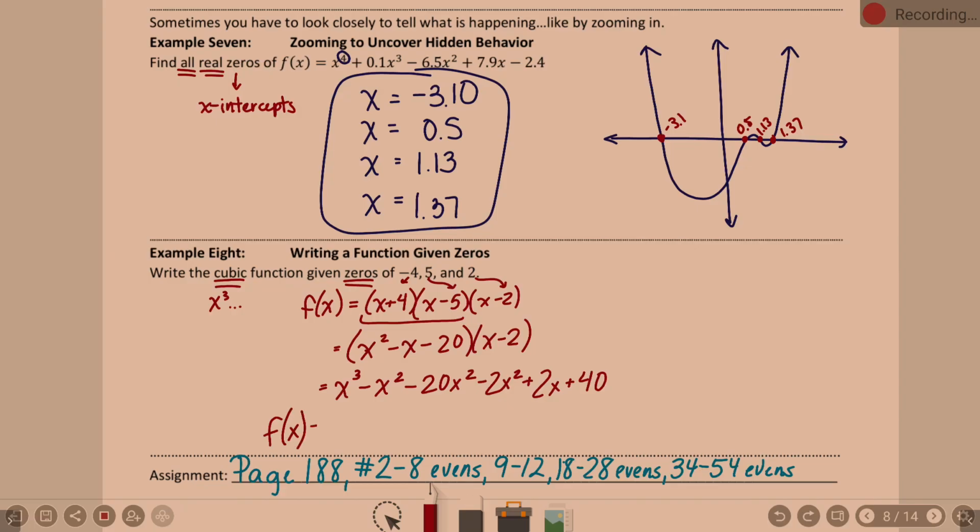I got the first term. It's x cubed. Minus 3x squared. Minus what? Did I goof up somewhere? Yeah, it's just minus 20x. I'm confused too.